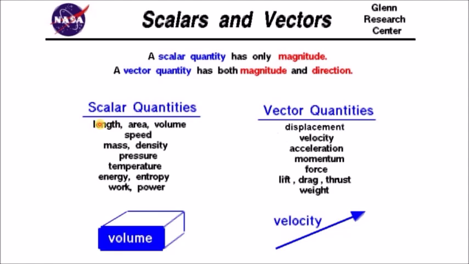Whilst scalars are things that have no direction, like length, area, volume, speed, mass, density. You don't talk about 1 meter in length to the east, or 1 liter of water to the south. But you do talk about acceleration to the west, displacement to the north.